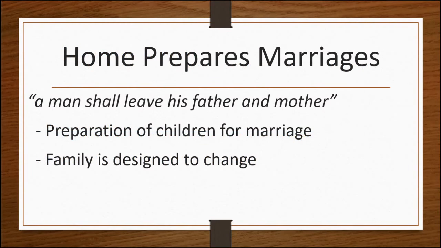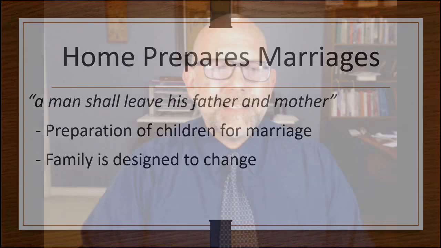What is the home about? Well, this isn't everything that the home is about, but one of the big things that the home is about is preparing people for marriage. You might say it like this. When God gave the law, in Genesis chapter 1 and chapter 2, God gave the laws of nature where he said every kind is to come after its own kind. And one of the things about that is that law also applies to Christianity.